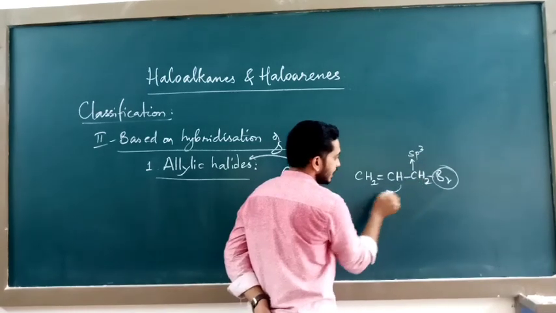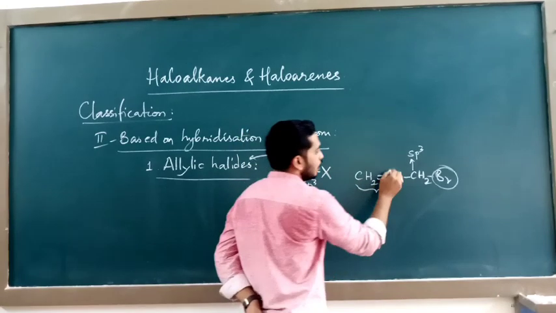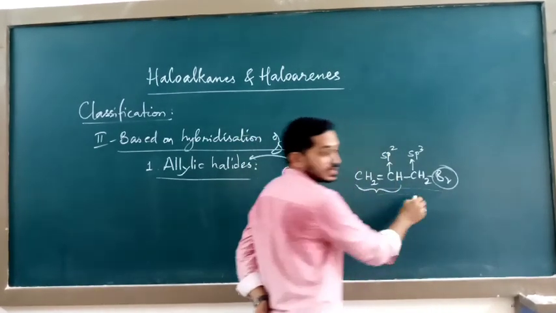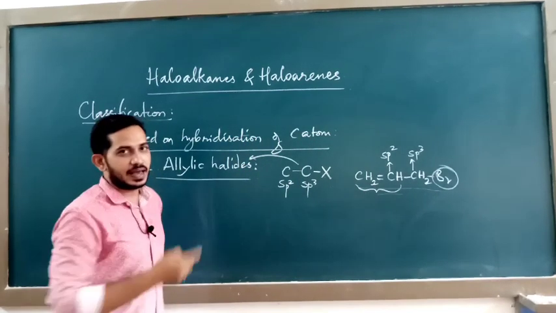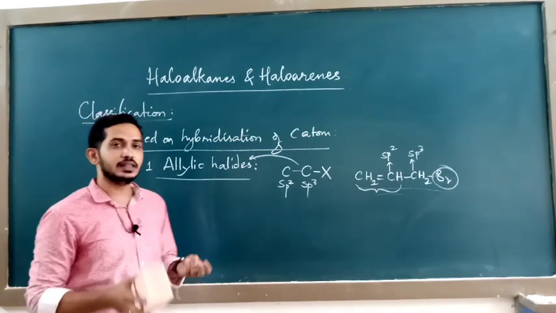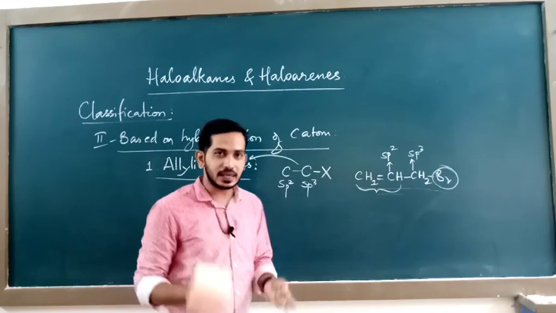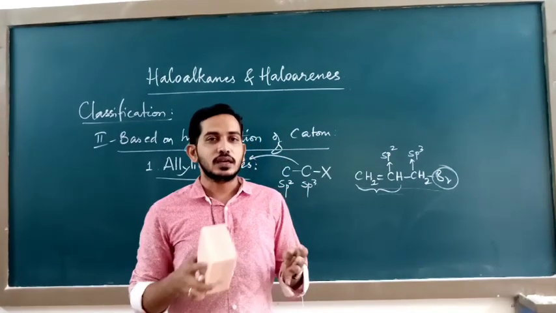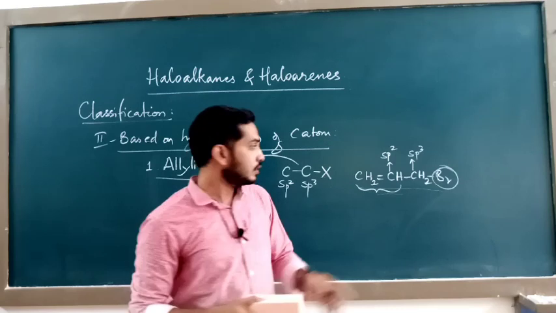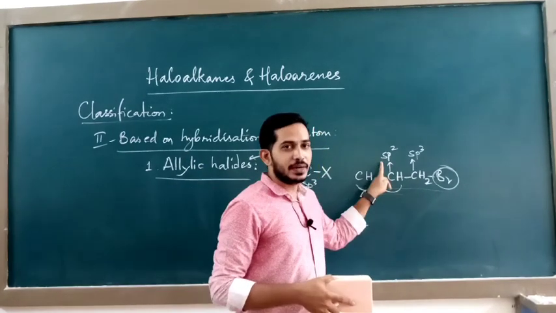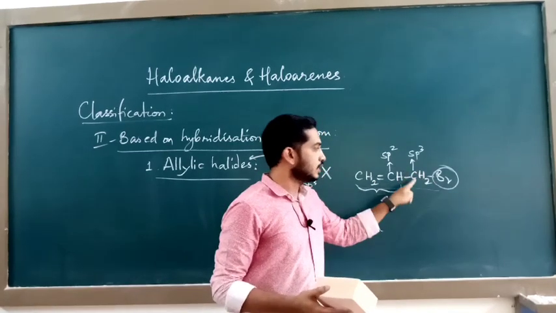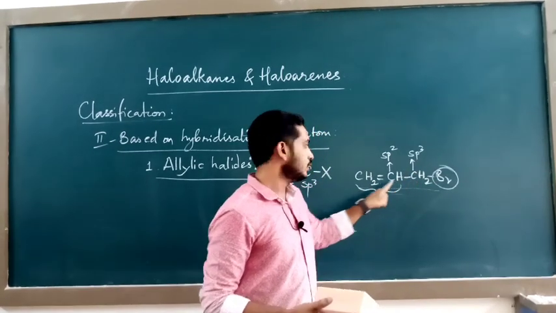If this carbon is attached to a double bonded carbon or sp2 hybridized carbon, then this compound is an example of allyl halides. So allyl halides are the haloalkanes in which halogen atom is attached to an sp3 hybridized carbon next to an sp2 hybridized carbon, or else halogen is attached to a single bonded carbon next to a double bonded carbon.